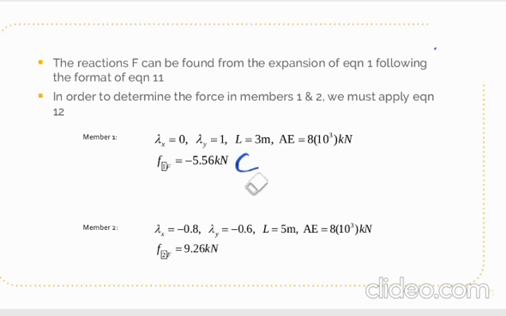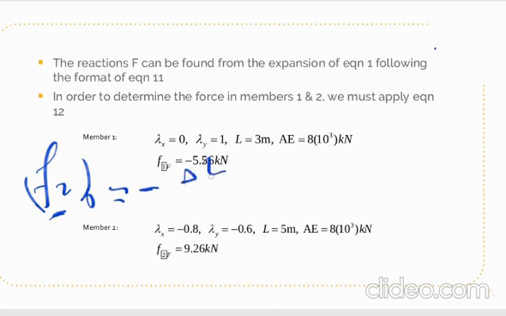For member number 2, first of all we should find the F naught. Or you can say it's F2 naught, that means for member number 2 it equals minus delta L AE over 5, the length.